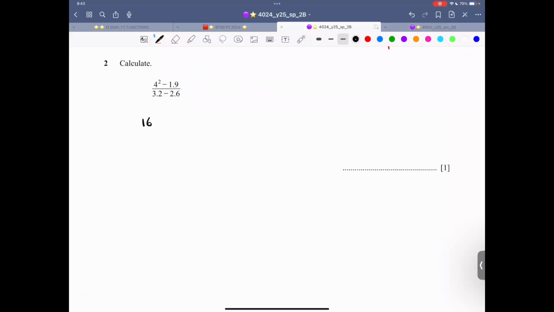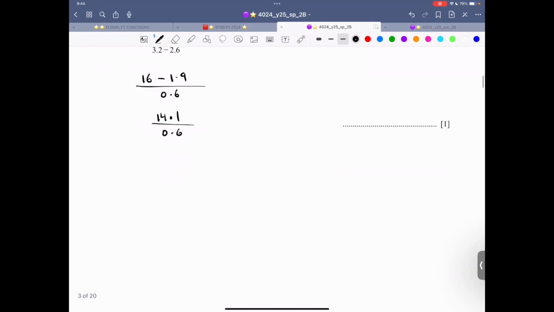4 square is 16 minus 1.9 divided by the difference of 3.2 and 2.6, which is 0.6. So 16 minus 1 is 15, 15 minus 0.9, which is 14.1. So this is 14.1 divided by 0.6. That's the same thing as 141 over 6.